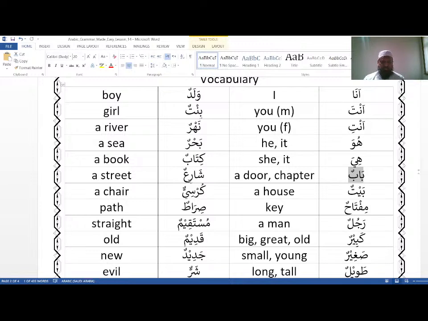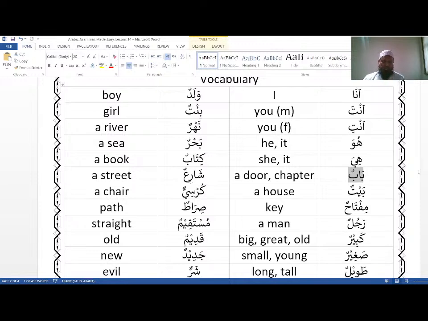Kitabun, no signs of muannas, mudhakkar. Shari'un, a street. There is no opposite of it. There is no sign of muannas, so mudhakkar.